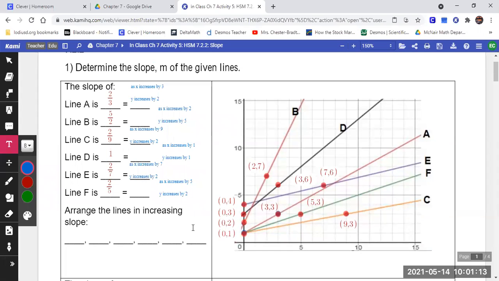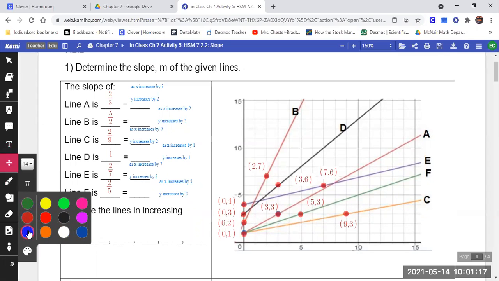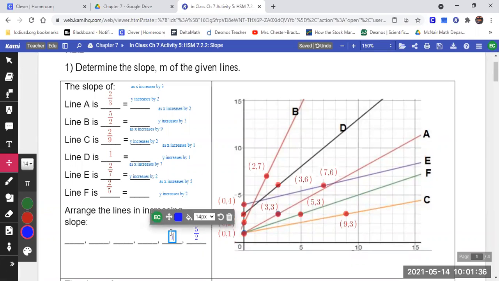So what fraction do we have on our list that's an improper fraction? 5/2. So then we're going to work down from there. What's the next one on our list that's smaller than 5/2? Our whole number. Because everything else is a proper fraction, which means it's less than 1. Okay?